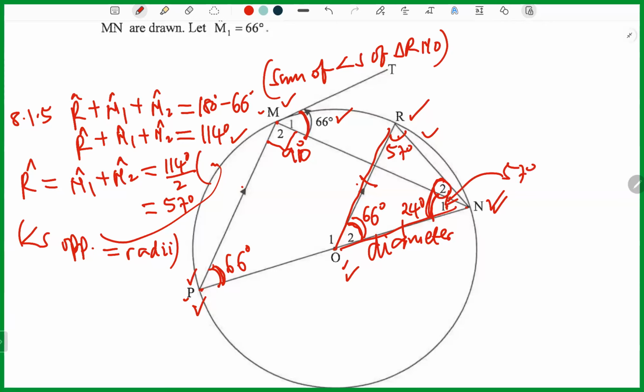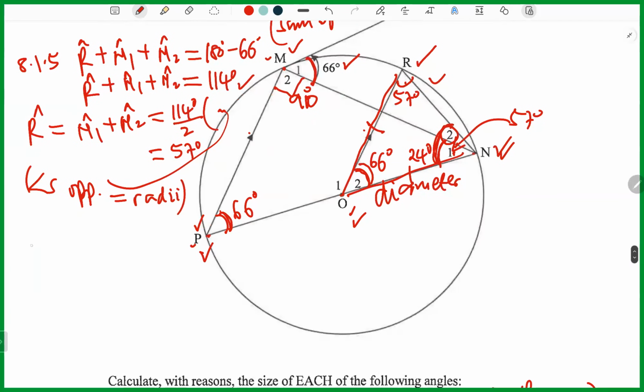So, what is the examiner looking for? He's looking for the angle N2. So N1 plus N2, we've already said it's 57 degrees, but we already know the angle N1. We call the angle N1 to be what? To be 24 degrees.